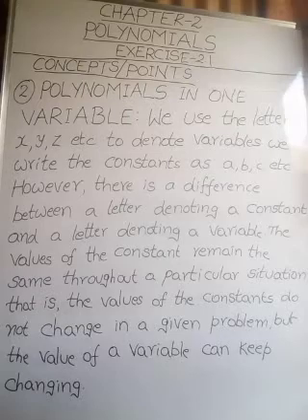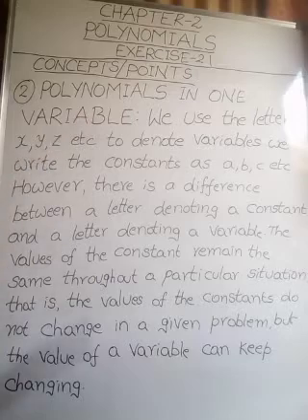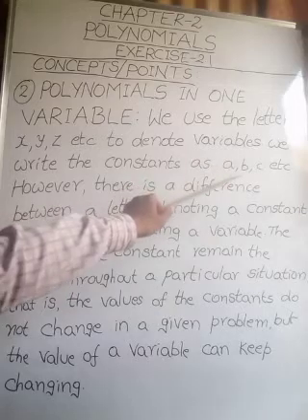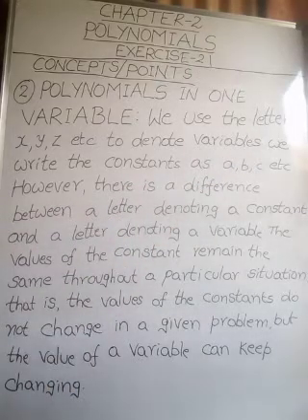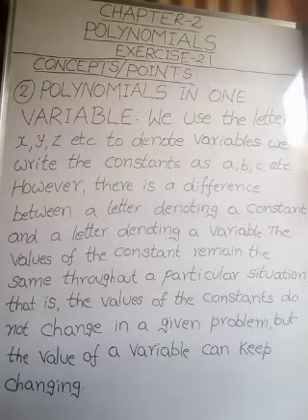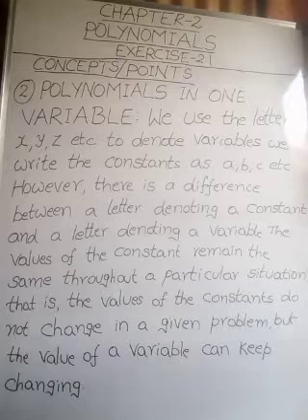To denote variables, in general, we use the letters x, y, z, etc. We write constants as small letter a, comma, small letter b, comma, small letter c, etc. Small letters a, b, c are used to denote constants.